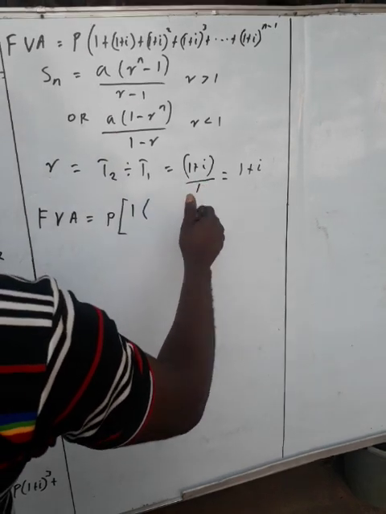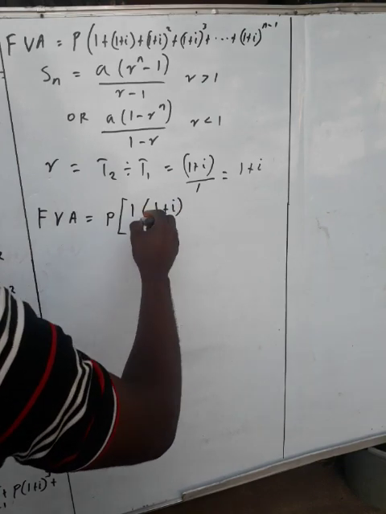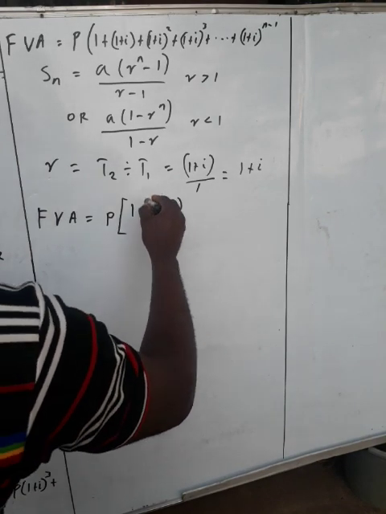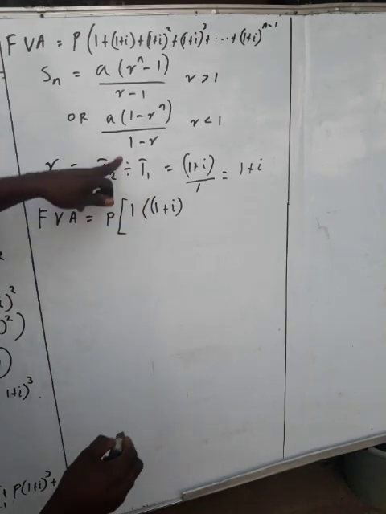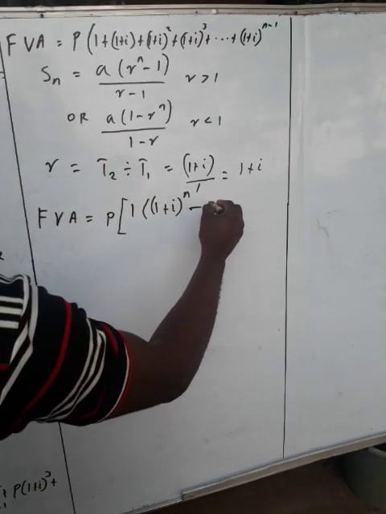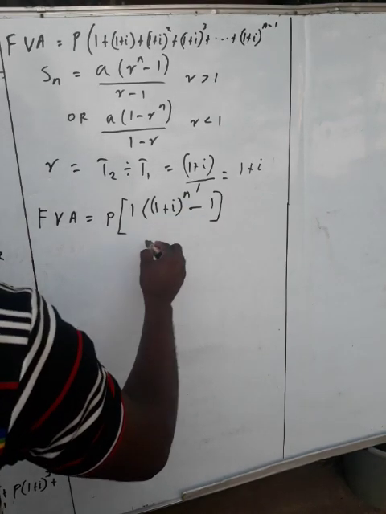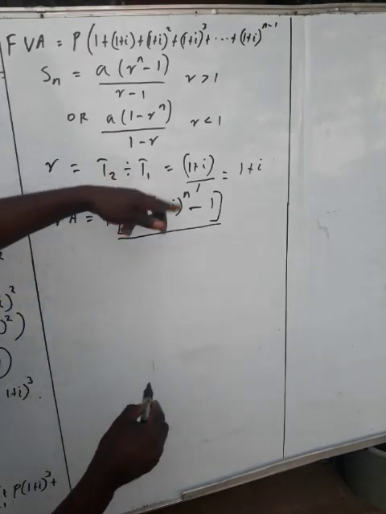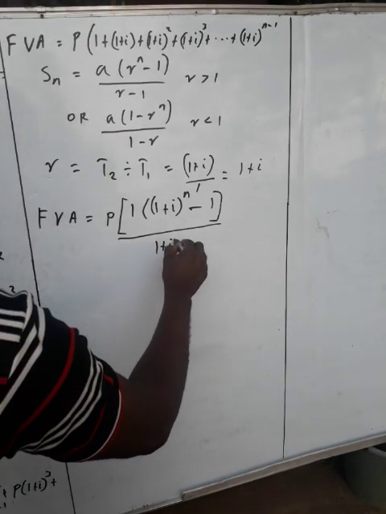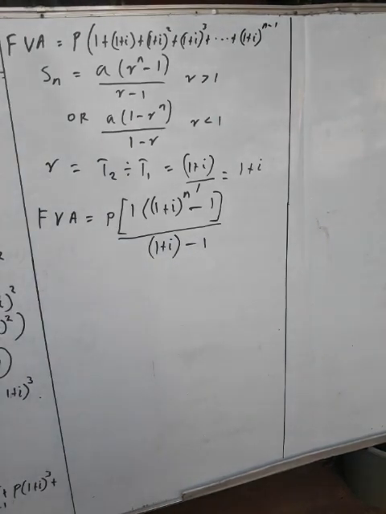My r is 1 + i, so we have (1 + i) raised to power n minus 1, all over r, which is 1 + i, then minus 1. All right, let us simplify further.